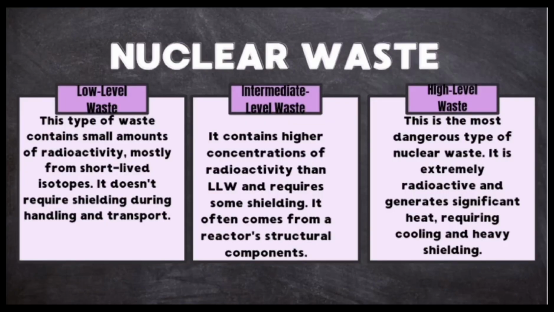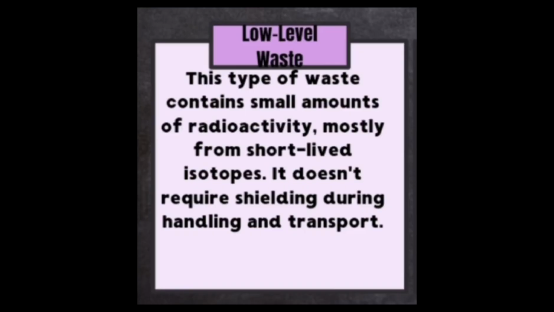There are three types of nuclear waste by level. The first is low-level waste, then intermediate-level waste, and high-level waste. Low-level waste contains small amounts of radioactivity, mostly from short-lived isotopes.